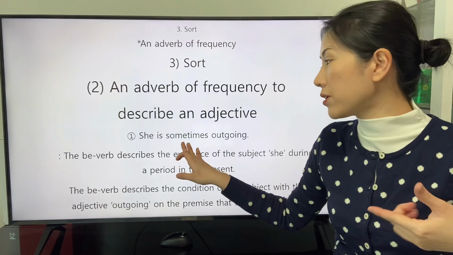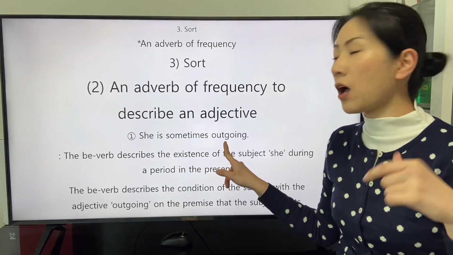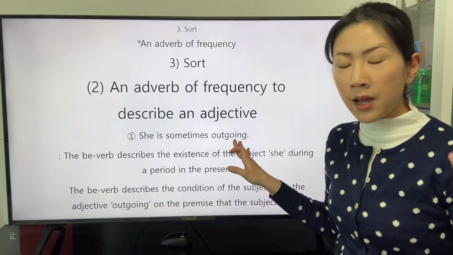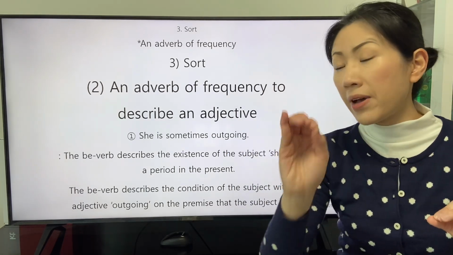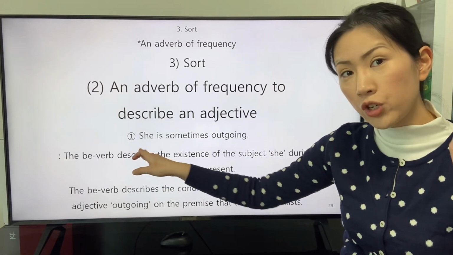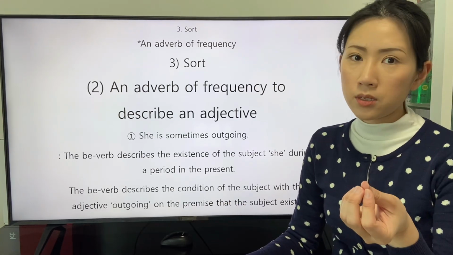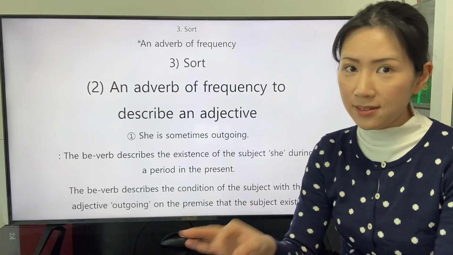The adverb of frequency sometimes describes the adjective outgoing. The condition indicated by the adjective outgoing sets the premise that the subject she exists in the period to include the point at the present.